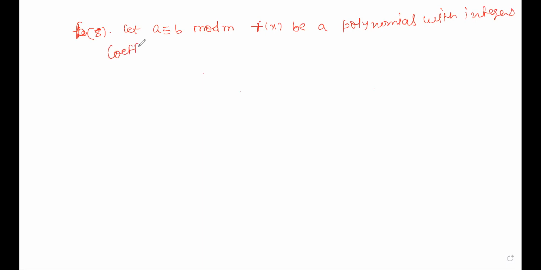Property seven, the eighth property. Let a be congruent to b modulo m, and f(x) be a polynomial with integer coefficients. Then f(a) is congruent to f(b) mod m.